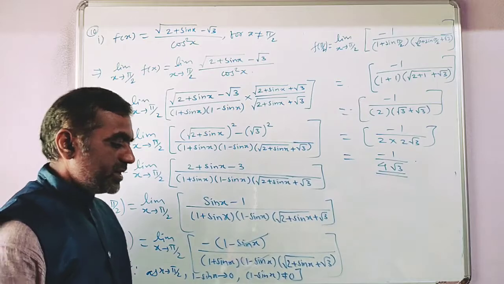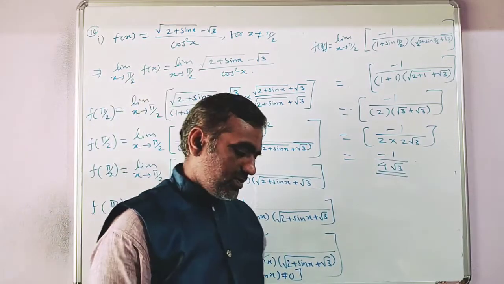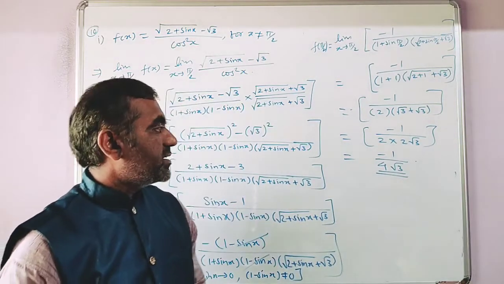Therefore f of pi by 2 is equal to minus 1 upon 4 root 3 is the final answer.